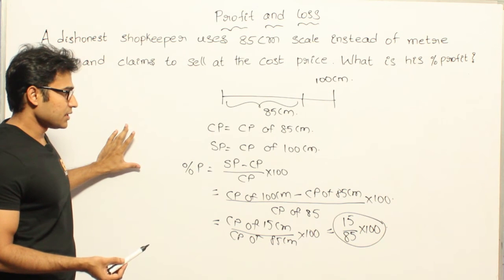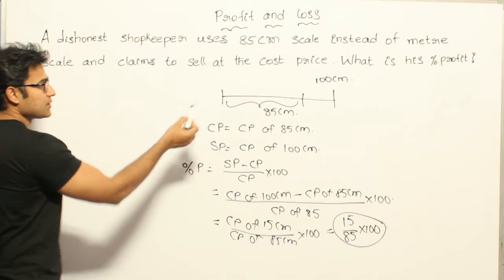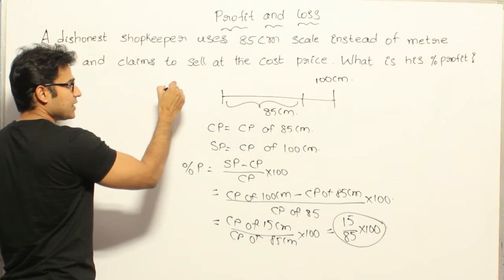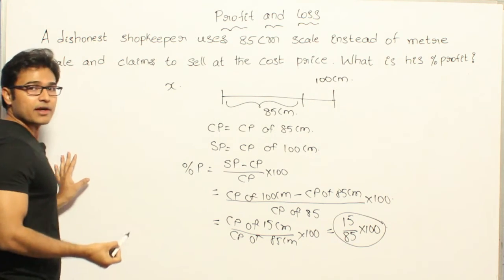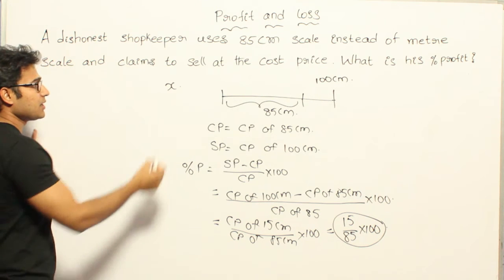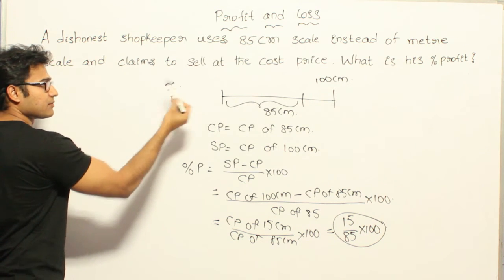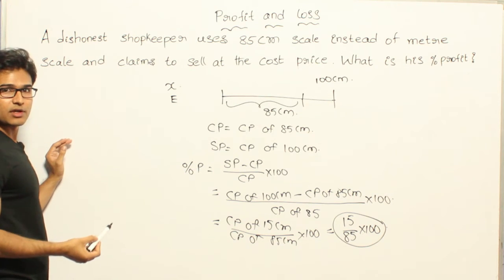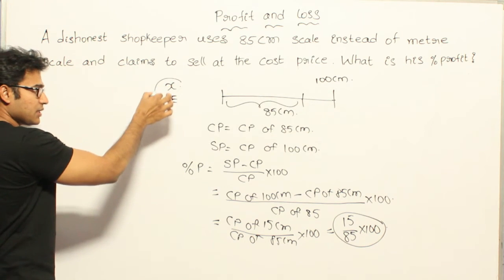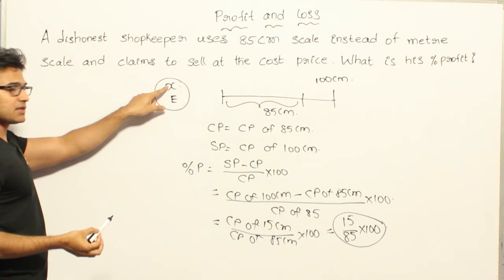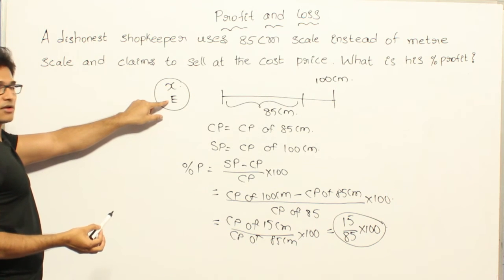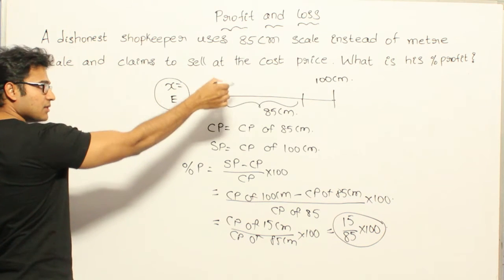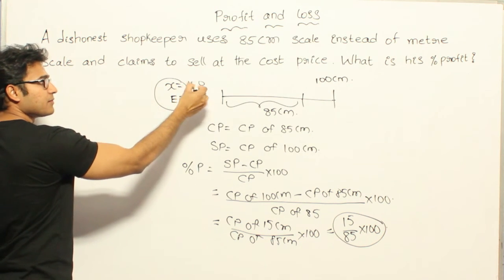So in this case the total amount he is saying he is selling is, let us say, x, right? The x is the size of the meter, but then he is using an error e, and now he is getting some profit. How to express this in general terms: if x is the meter size and he is giving us an error of e, then how much profit is he getting? Just express in this question, what is x? 100, isn't it?